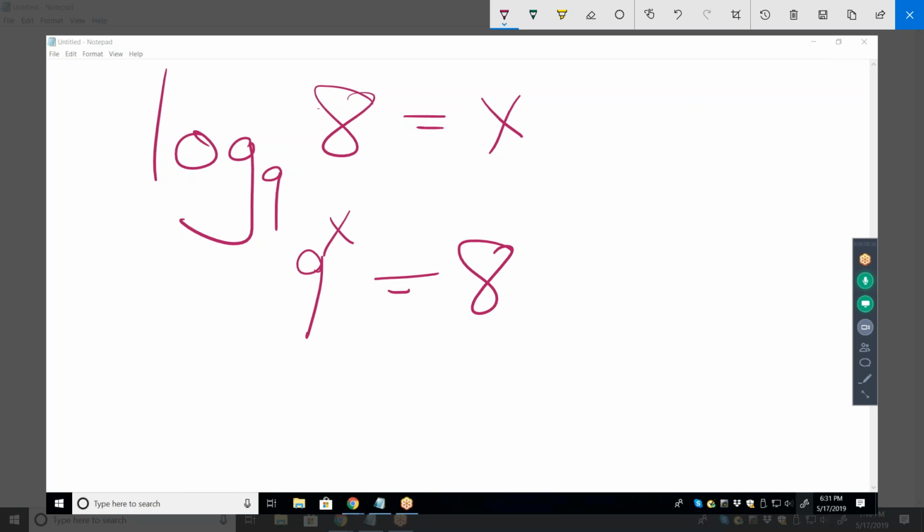X is not an integer. It's not 0, it's not 1, it's not 2. It's some fraction between 0 and 1. But what it is, I have no way of figuring that out. So in order to solve that log problem, I can't just convert it to exponential because it's not a whole number. That usually does not work.